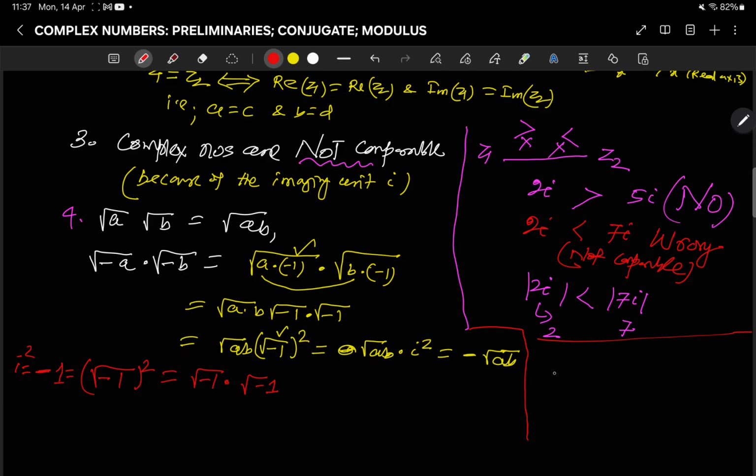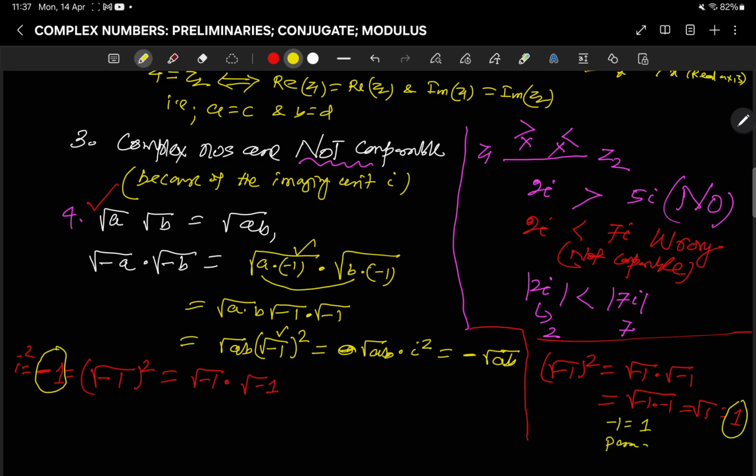If in view of this I write root of minus 1 into minus 1 as root of 1, which is 1, then what will happen? This is your minus 1 and this is your 1. Minus 1 is equal to 1 is a paradox. That means something is wrong here.